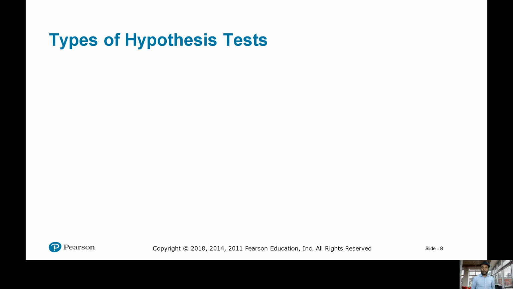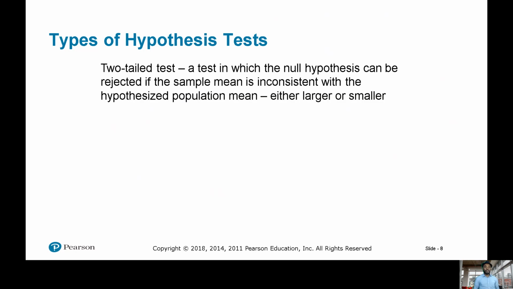Now, there are three types of hypothesis tests. We have the two-tailed test, which means that we have our rejection region at both tails.